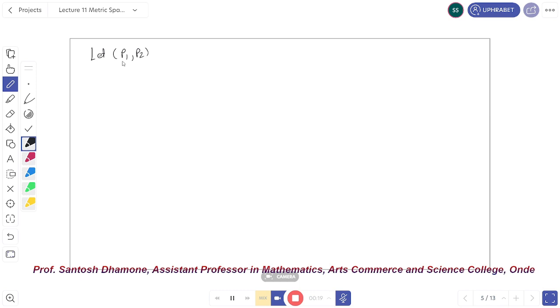Take r is equal to 3p1 plus 4p2 plus 12 divided by 7, since this is less than 3p1 plus 4p2 plus 12 divided by 5.